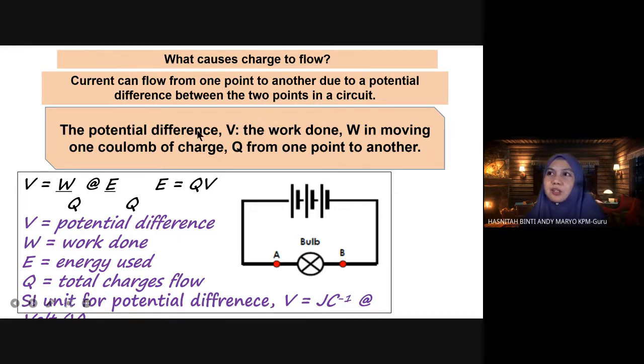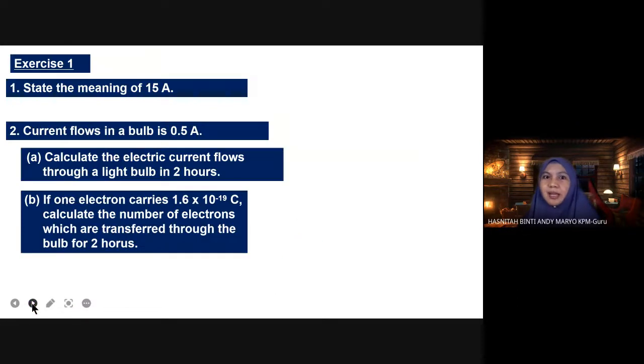Okay, so by definition, potential difference refers to work done, or energy required, in moving 1 coulomb of charge from one point to another in a circuit. Later we'll take a look at one example. What is the meaning of 15 ampere, students?